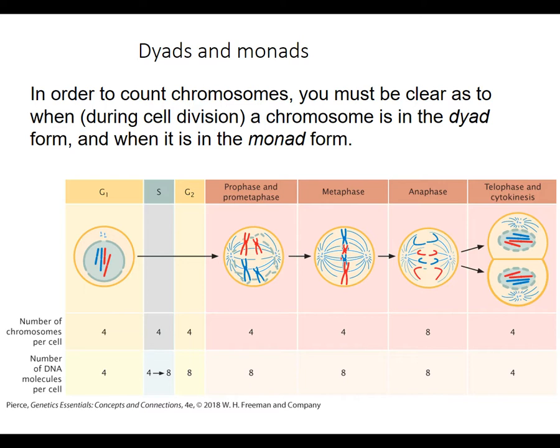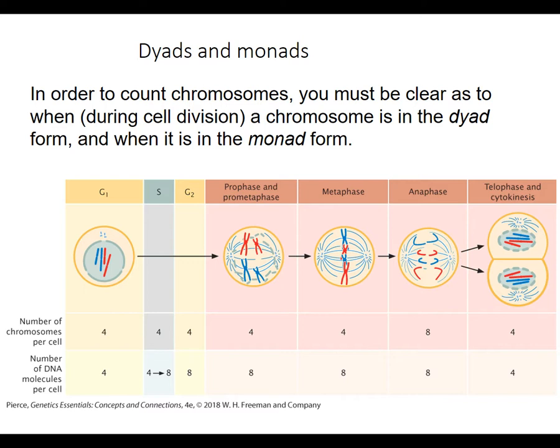I want you to pay attention to what's at the bottom of this slide. The number of chromosomes per cell: you start off in G1 with 4 monad chromosomes in this image. Nothing changes in terms of the number of chromosomes, even when the chromosomes become dyads. So replication during S phase does not change the number of chromosomes per cell.